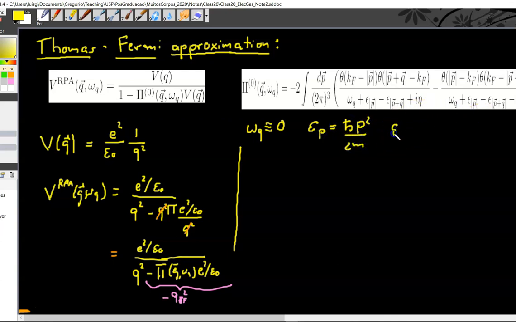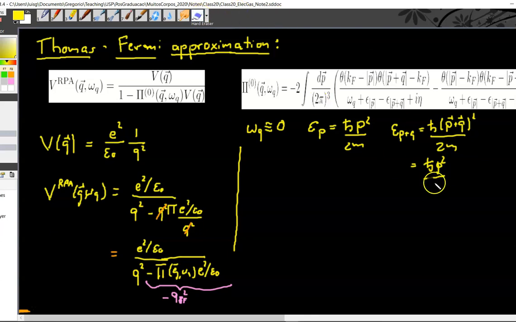And what's E_(P+Q)? That's h-bar (P plus Q) squared over 2m.